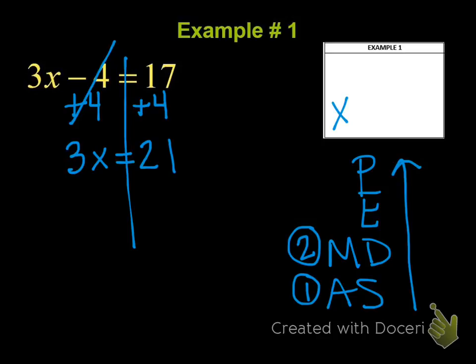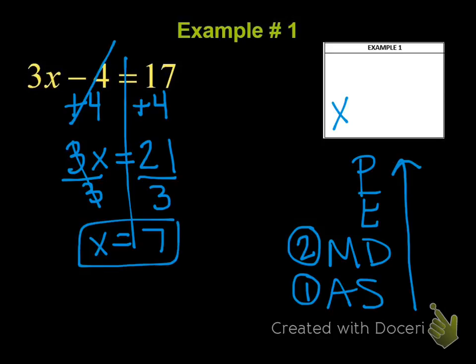So my equation now shows 3x equals 21. This is a one-step equation like you've previously solved, so we should be able to go through that. But right now I see that I have multiplying 3 times x. So to cancel that out, I'm going to divide by 3. If I divide by 3 on both sides, I get x equals 7.